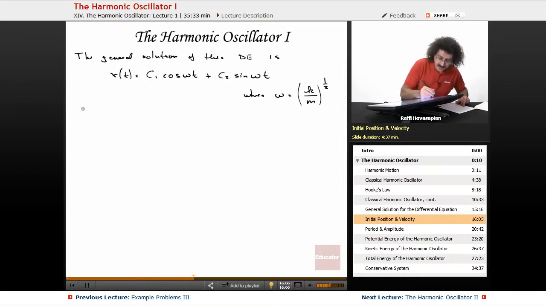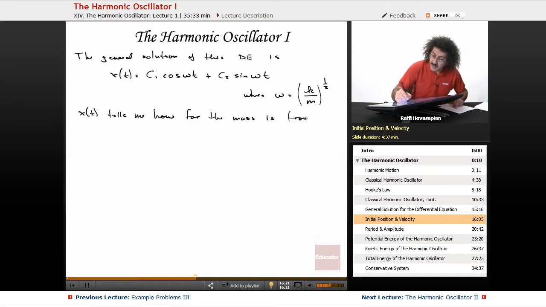Now, x of t, as we just said, tells me how far the mass is from the equilibrium position at any time t.